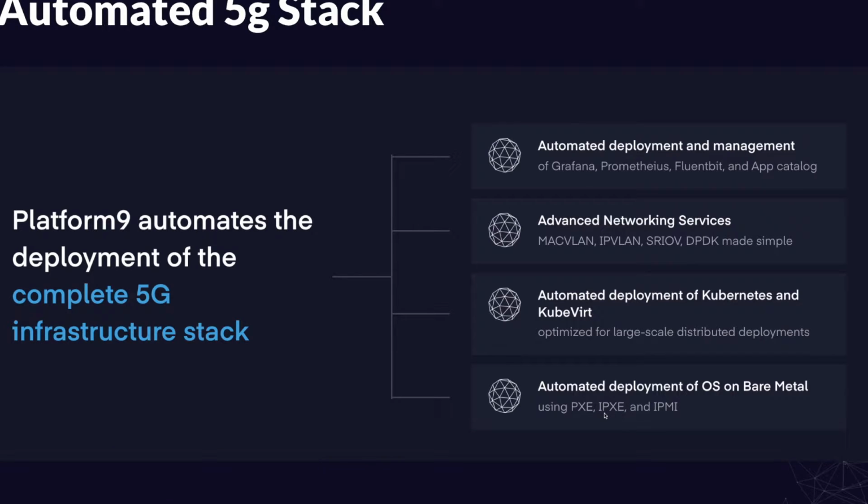These servers have booted into a CentOS 7 environment. That kicked off a cloud-init script that automated the deployment of Kubernetes. For the purposes of this video, we're going to focus on this third box, where I'm going to show you how to deploy some of our advanced networking services, specifically around 5G and our SRIOV Multus deployment.